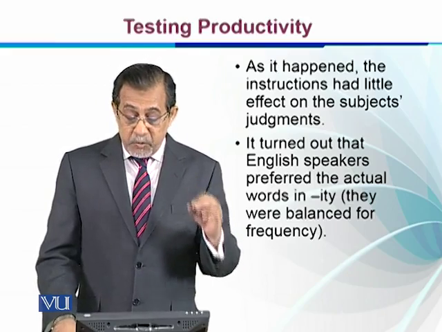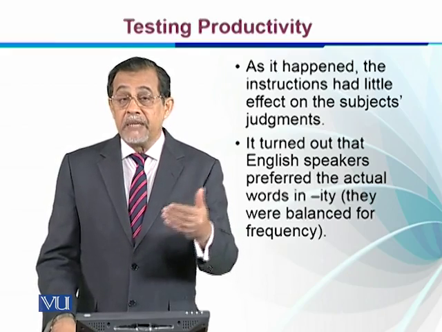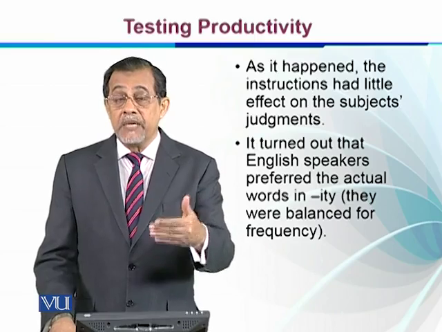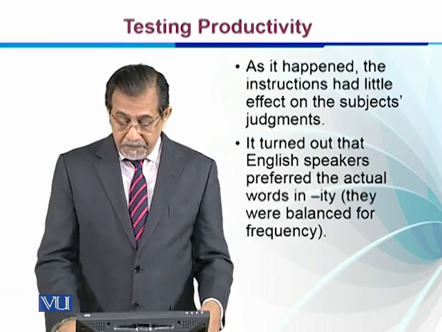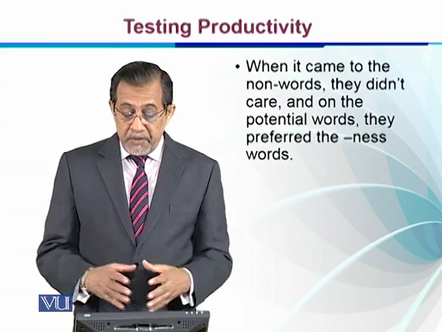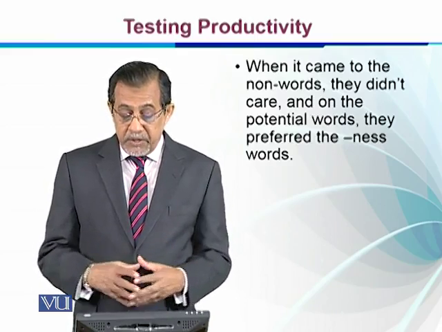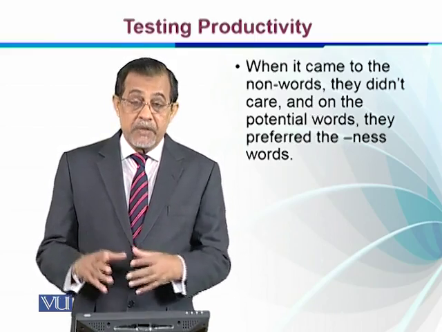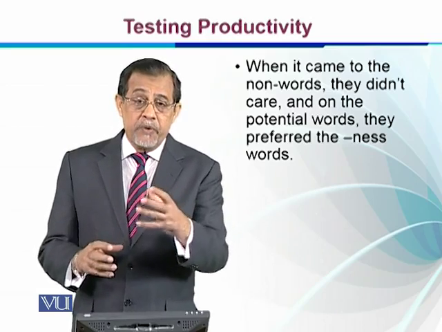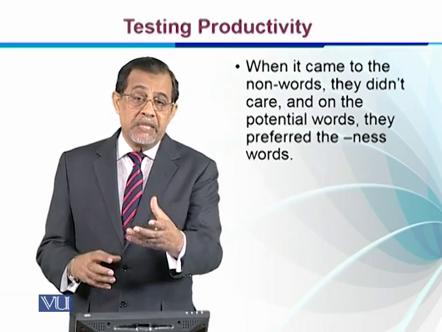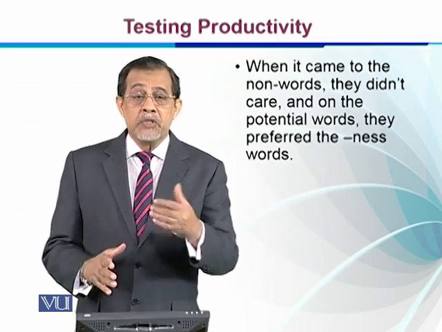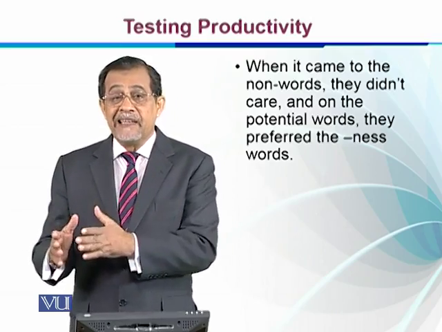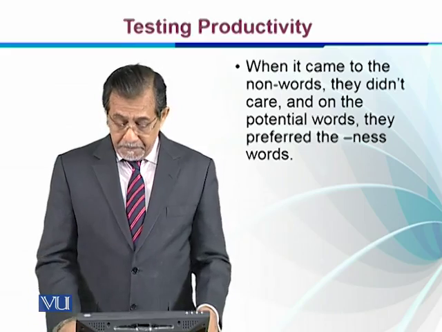The actual words in ity, they preferred the ity suffix more than the ness suffix. When it came to the non-words, they didn't care, and on the potential words, they preferred the ness word. Potential words were words that can likely be used in the language. So here, instead of ity, they preferred the ness suffix.